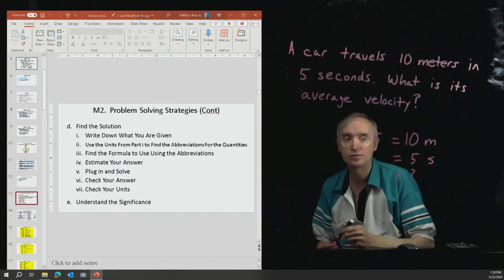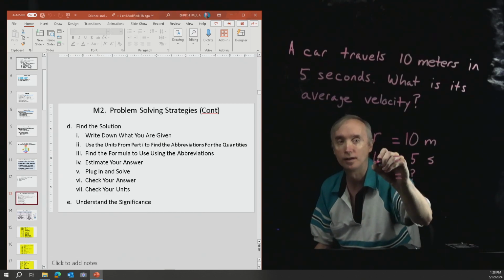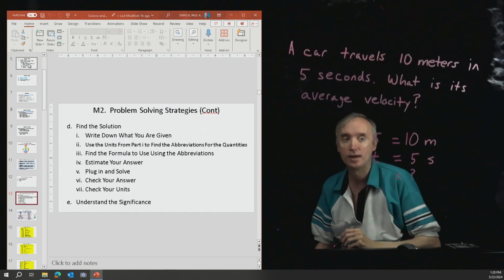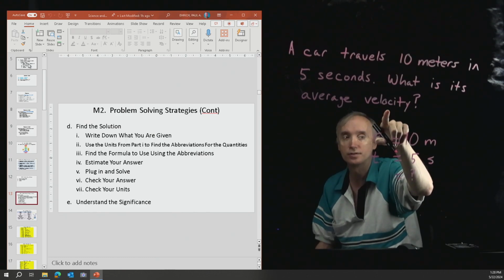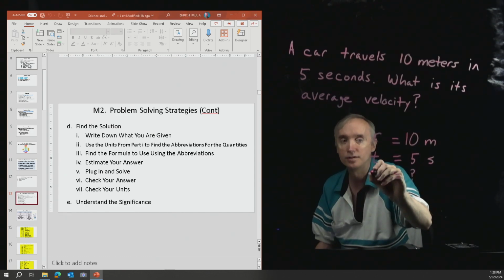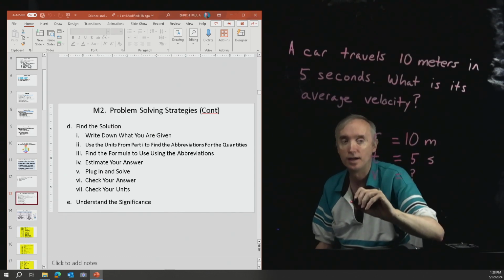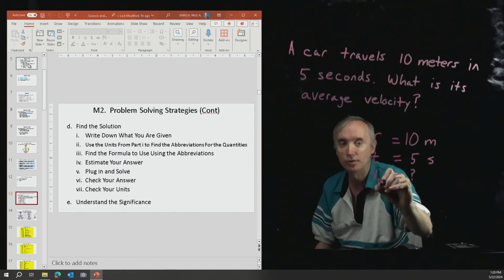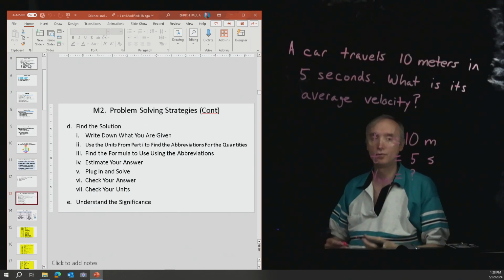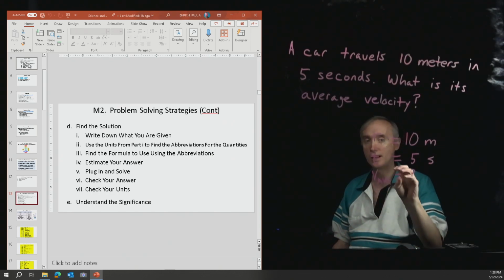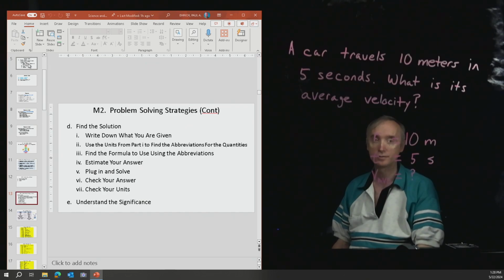So the abbreviation for time is going to be the letter T. And then the word problem says find the average velocity. So velocity is going to be V, and then if I want, I could put a subscript on there and say the word average, because there's a different formula for actually coming up with the real speed of the object. So this is going to be the average speed of the object.